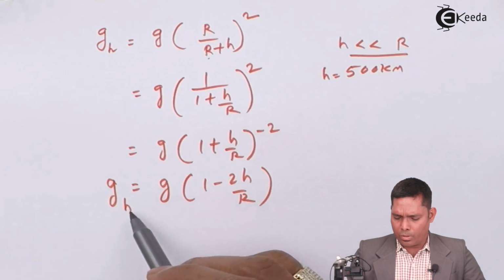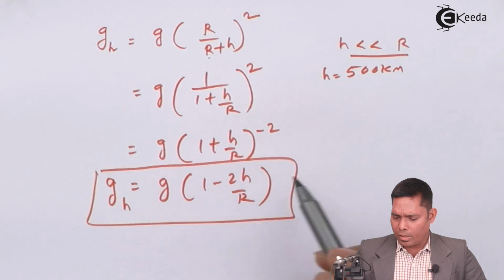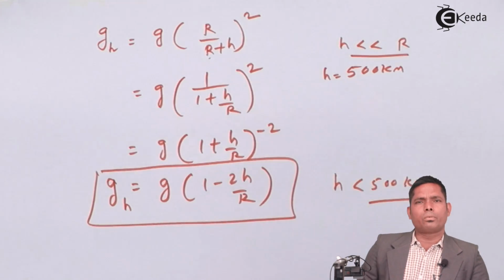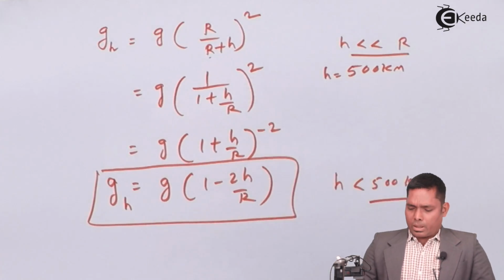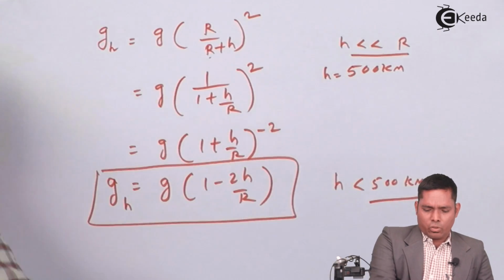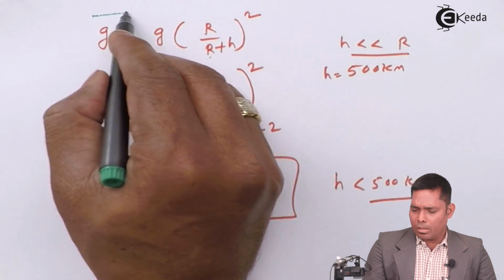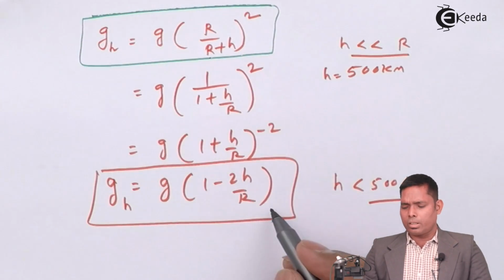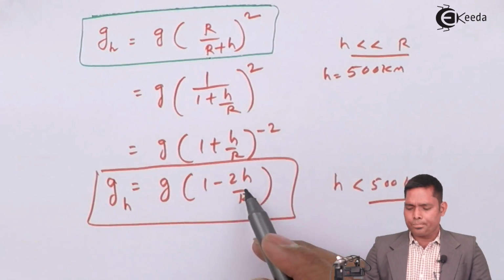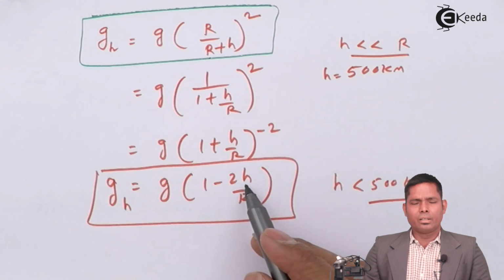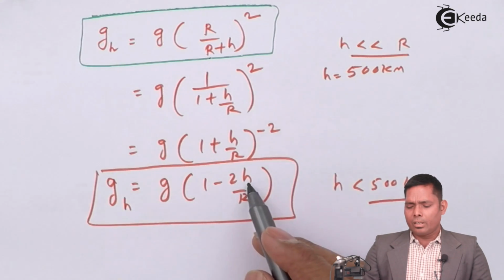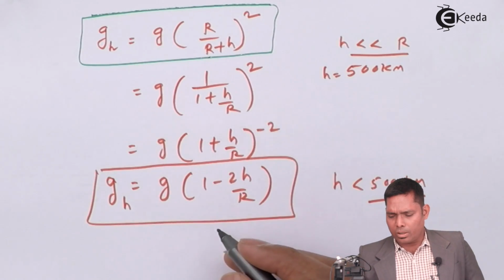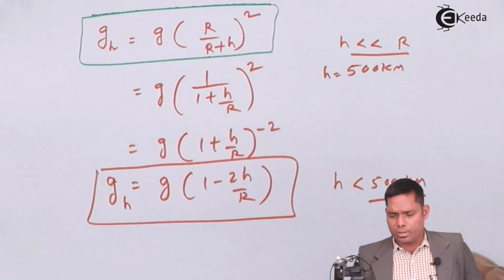This is the formula that is used when h is less than 500 kilometer with a minimum of error. But this is the general formula you have to use always. Keep in mind that this is the general formula, but this formula can also be used for quick results when h is very less compared to the radius of the earth. So that's all in this expression.